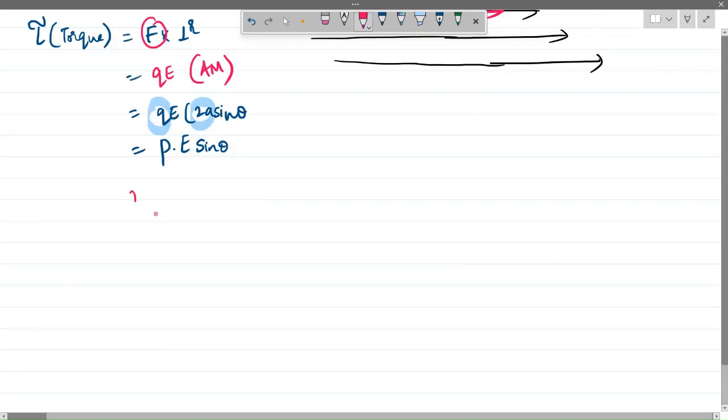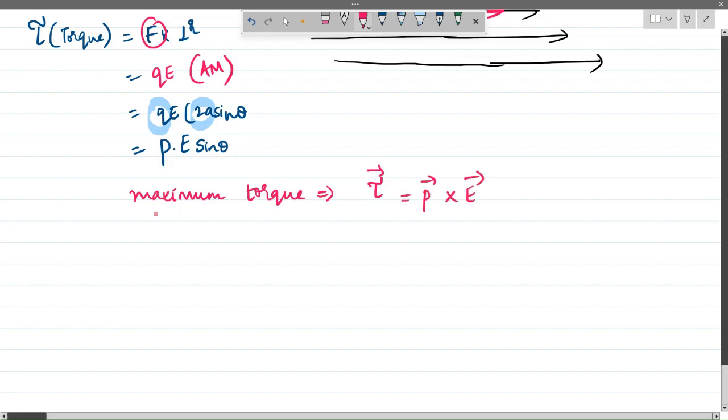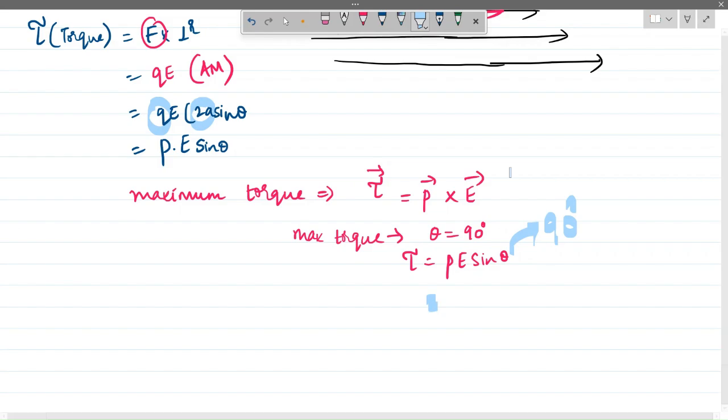For maximum, which is the product of dipole moment and the electric field, the maximum torque is at theta equal to 90 degrees. That is tau is equal to pE sin theta, as we already know. If theta is 90 degrees, sin 90 is 1, so tau is equal to pE.